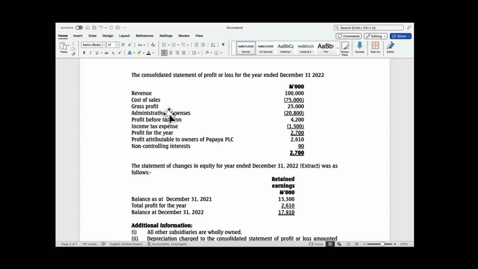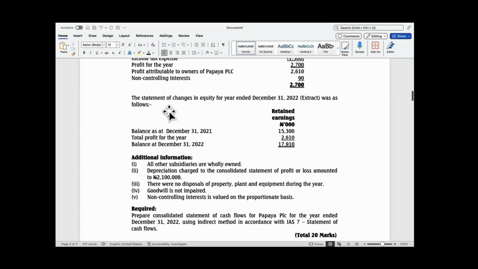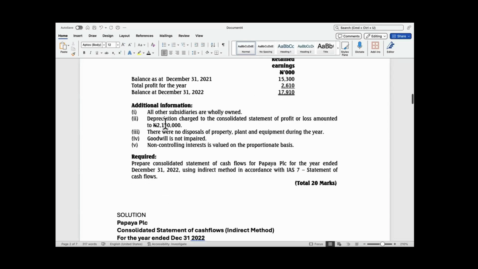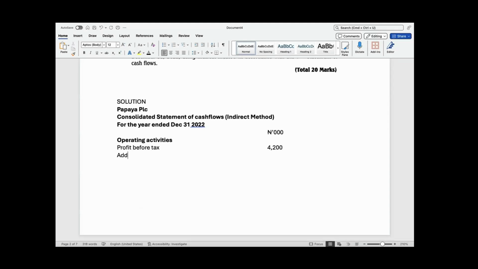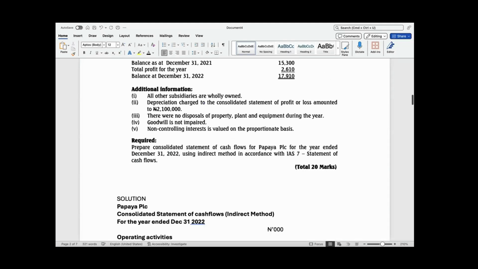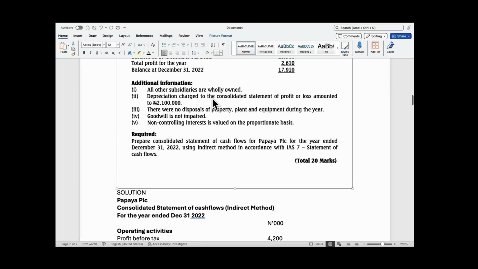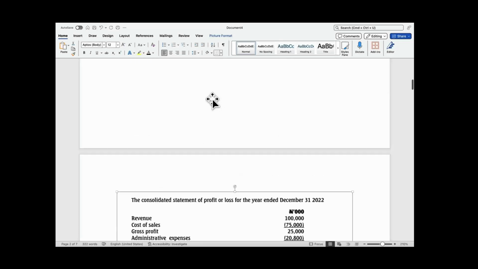So for this admin, the examiner has made my life easy. They had already given me the depreciation charge for the year. So, add back non-cash items. And my depreciation is how much? 2,100 in my additional information. The examiner has given you. If they didn't give you at all, I'm sure you know how to determine it.